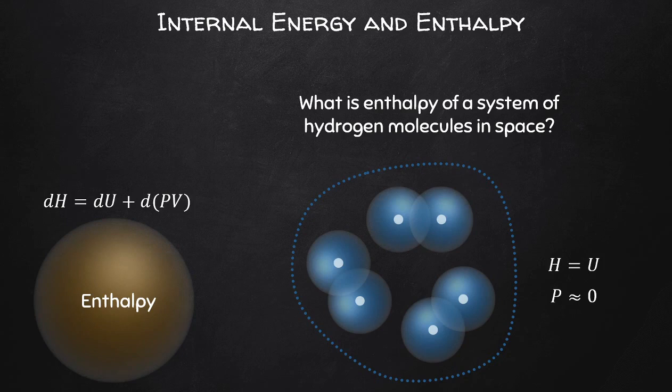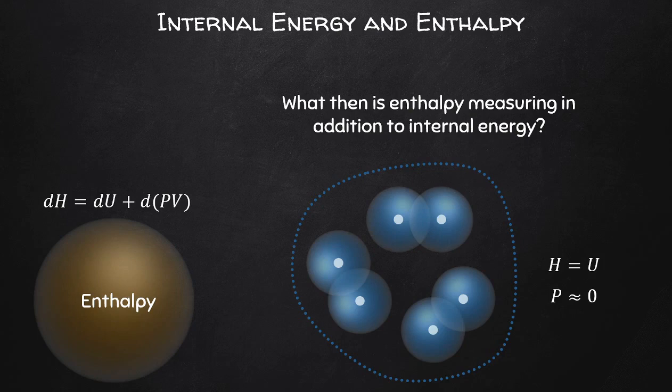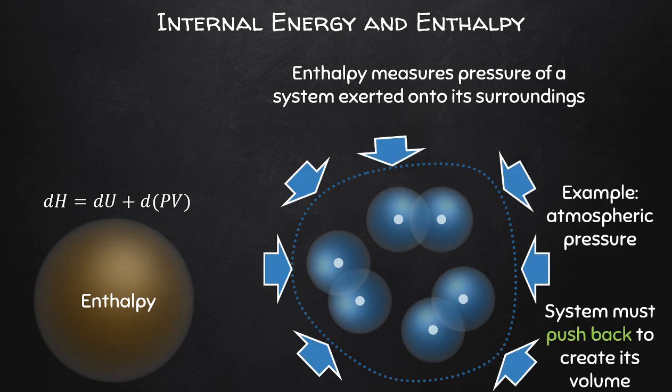All right, so, what is enthalpy measuring exactly then? Well, enthalpy is only equal to internal energy if there's no change in volume or pressure for the system in question, of course. But generally, there are changes in pressure and volume here on Earth that arise due to the presence of molecules that make up our surroundings, such as air.